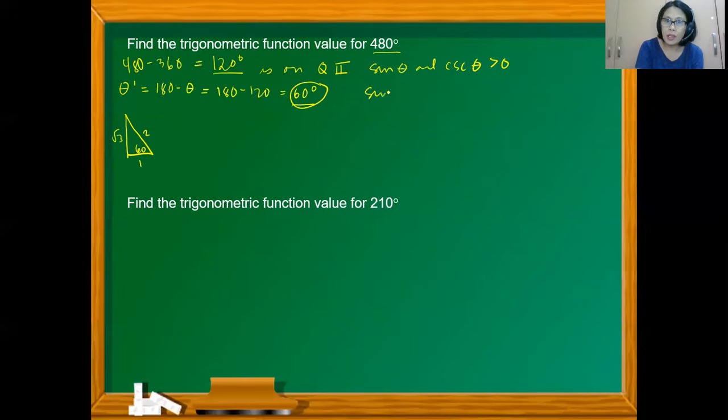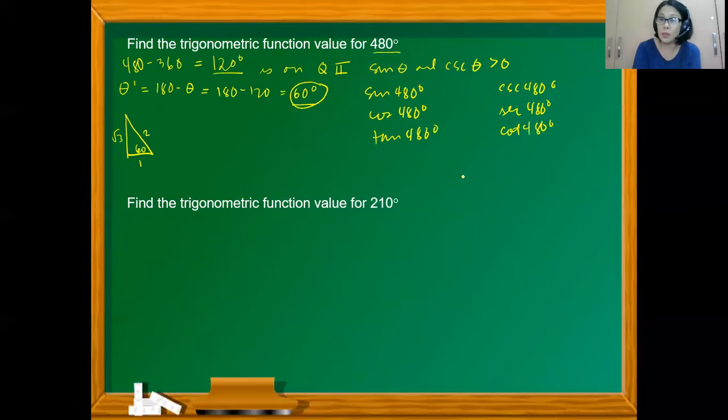So sine 480, cosine 480, tangent 480, then cosecant 480, secant 480, and finally cotangent 480 can be obtained by working on the trigonometric function value of special angle measures 60.